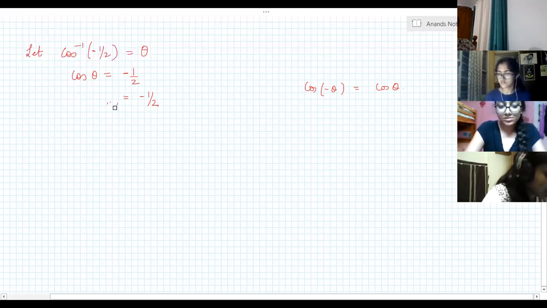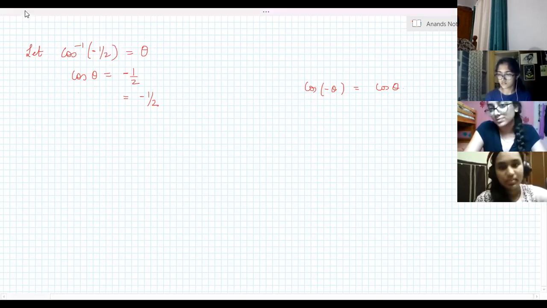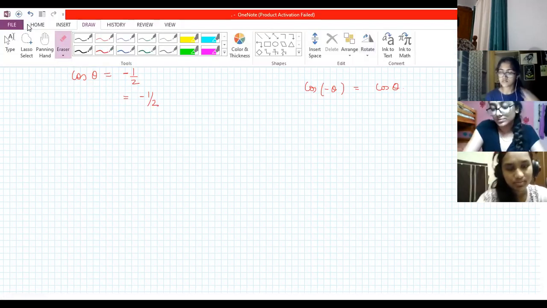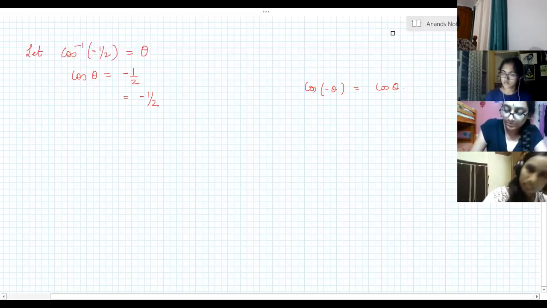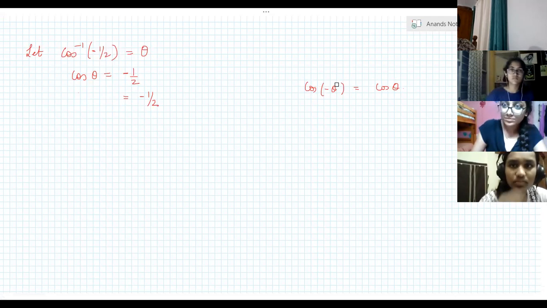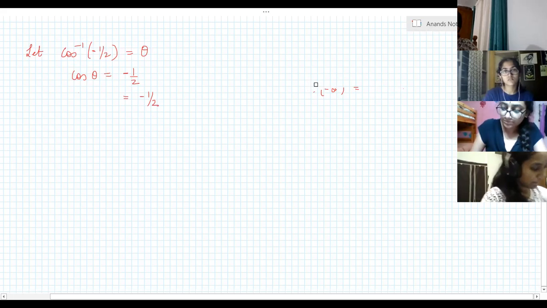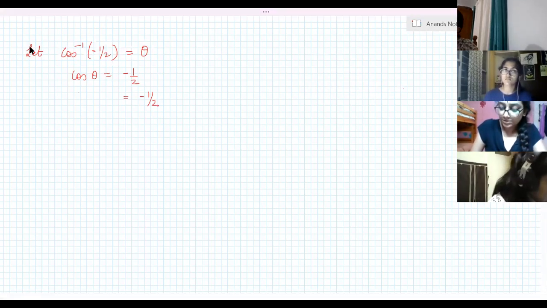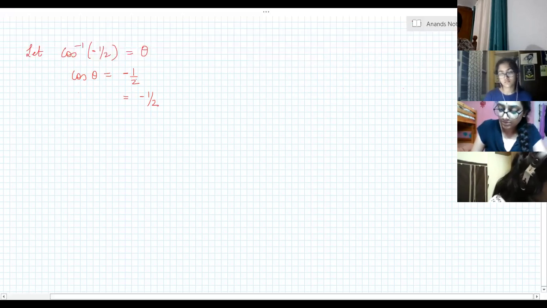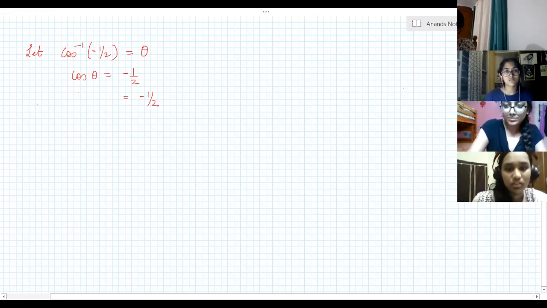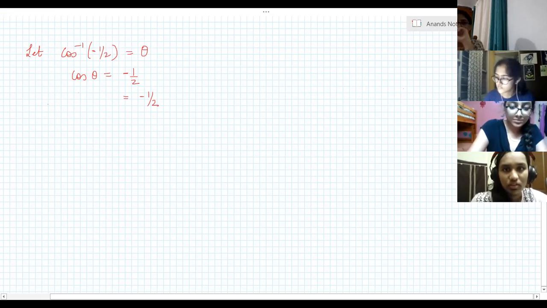Doing it for cos will not work. Maria says cos pi by 3. But we know that cos pi by 3 is half, not minus half. So what is going to give you minus half? Cos of minus theta always is going to be cos theta.